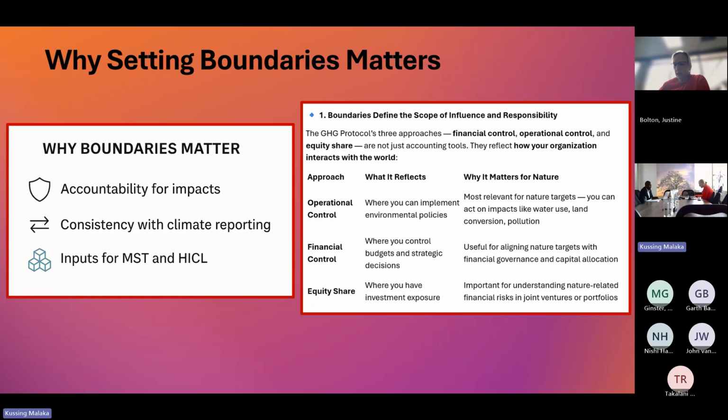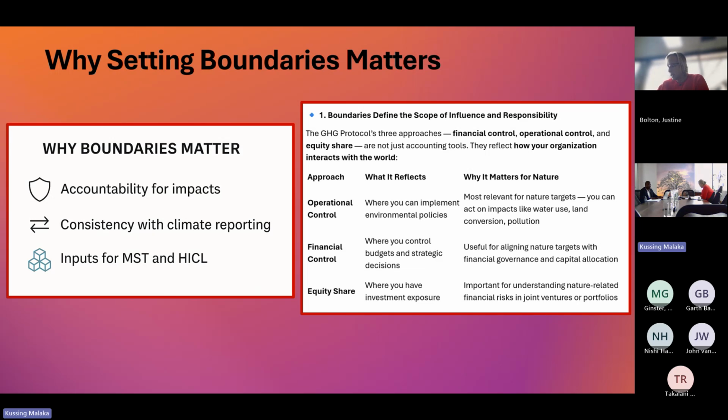So why am I saying that? Why do boundaries and the activities matter? Firstly, it's not just a technical exercise. It's a foundational step for accountability, for strategic alignment, and for credibility.